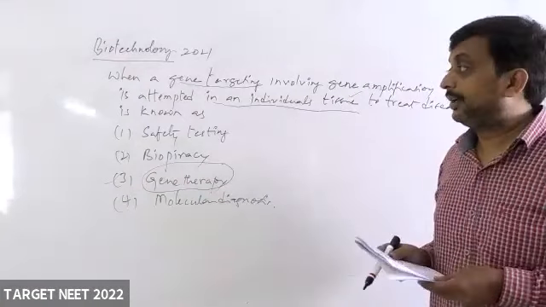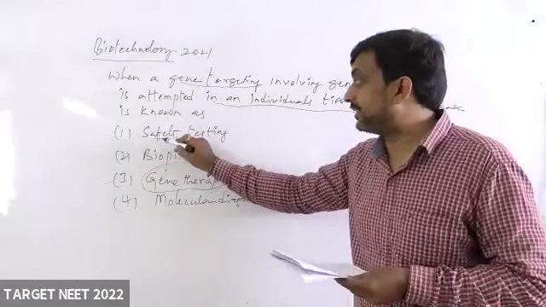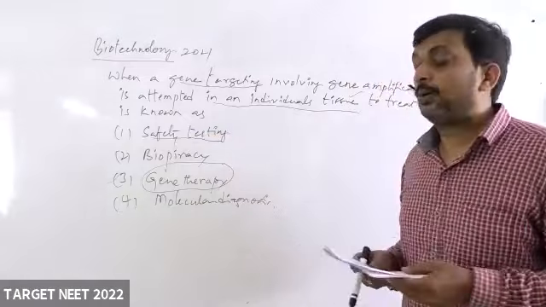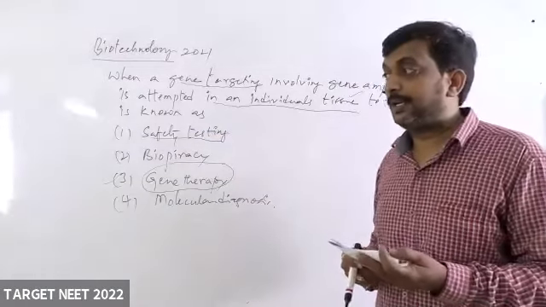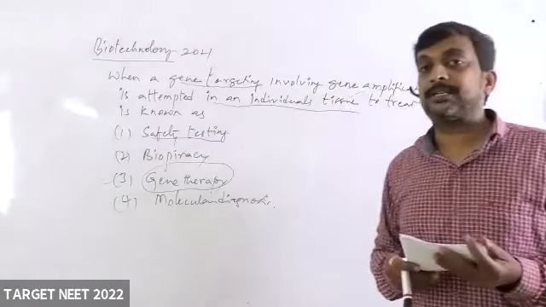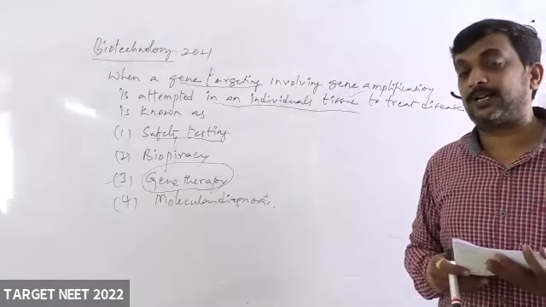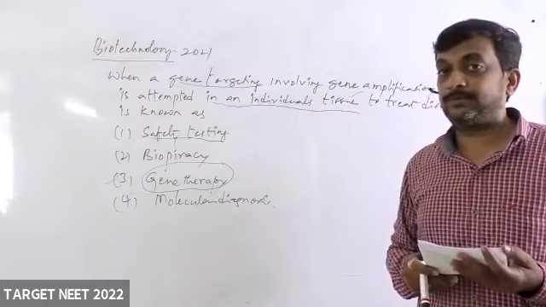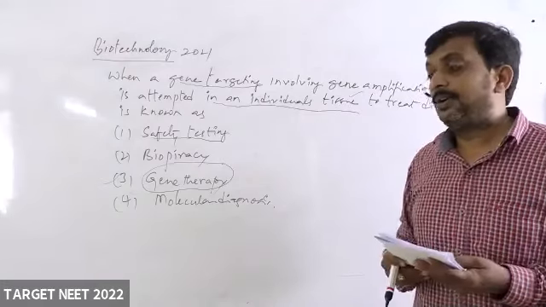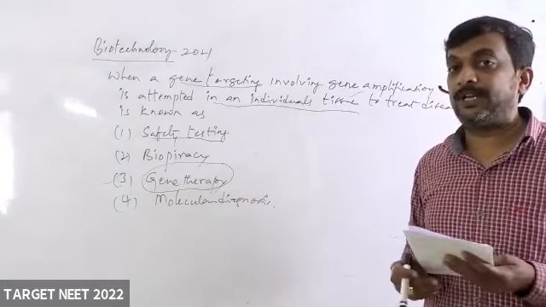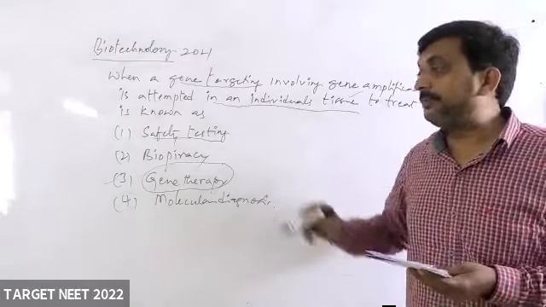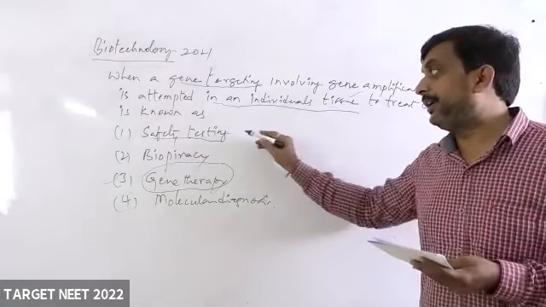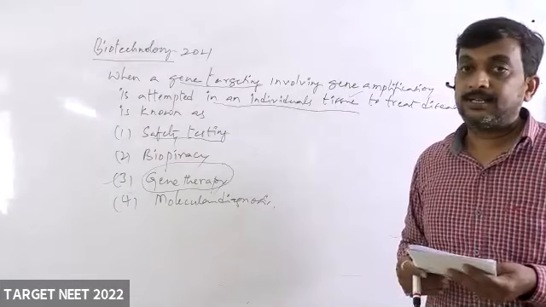Right? Now the other options. What is safety testing? The word safety testing means knowing the efficacy of the drug: which concentration of the drug is suitable, whether it is 1 mg or 2 mg or 50 mg. The safety of the drug is generally tested in clinical trials.